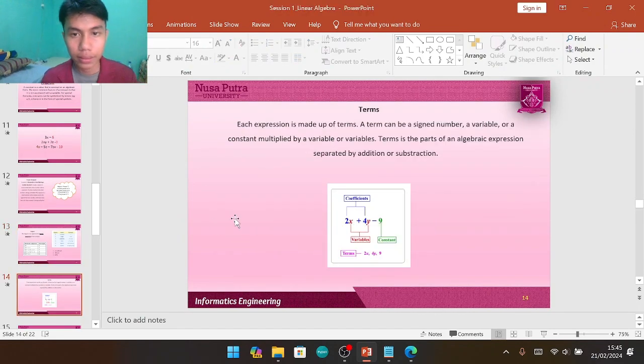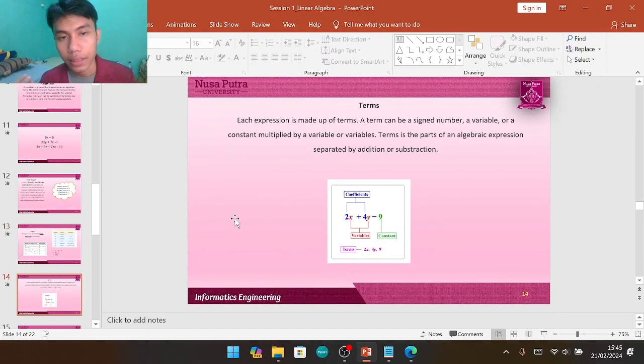Okay, next, terms. Each expression is made up of terms. A term can be a signed number, a variable, or a constant multiplied by a variable or variables. Terms are the parts of an algebraic expression separated by addition or subtraction.